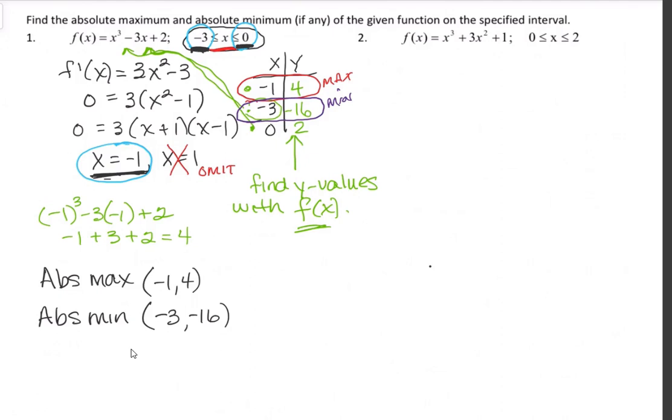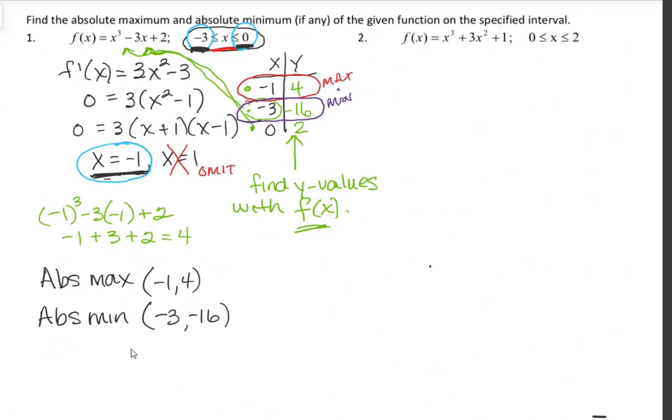So several series of steps, but none of them are anything really new. None of the calculus is new. We found derivatives, we found critical values before. It's just a series of steps that you're going to do every single time, anytime you're finding absolute extrema on a closed interval. So let's take a look at one more example.